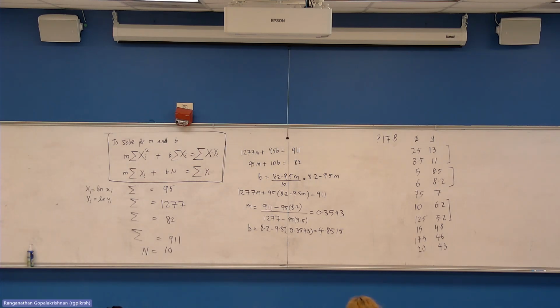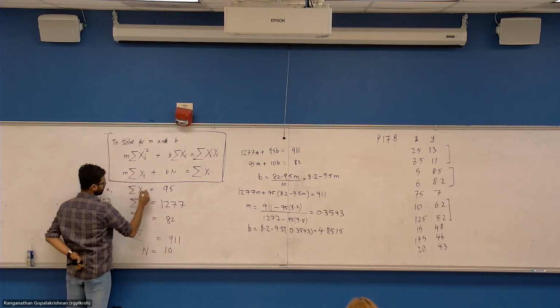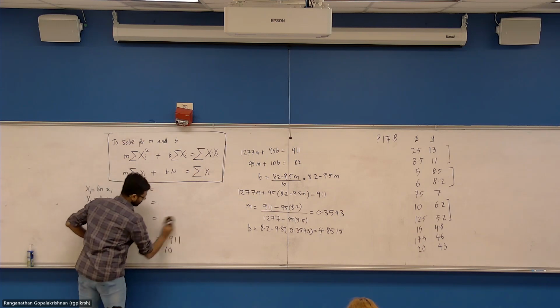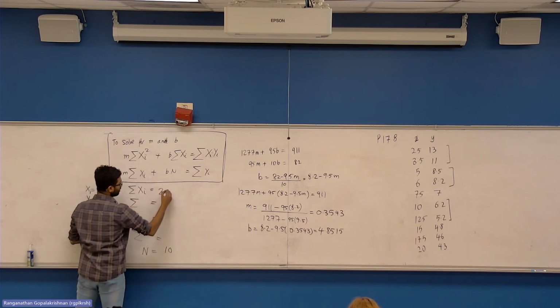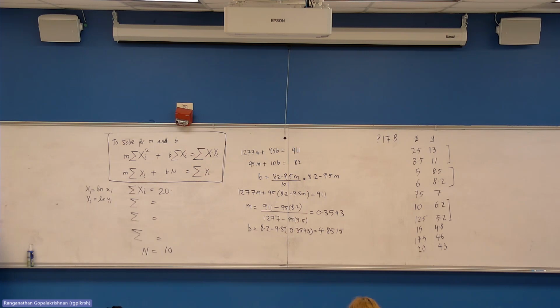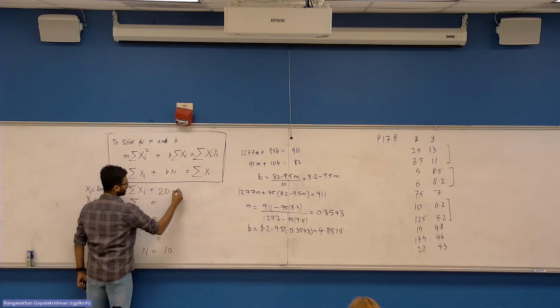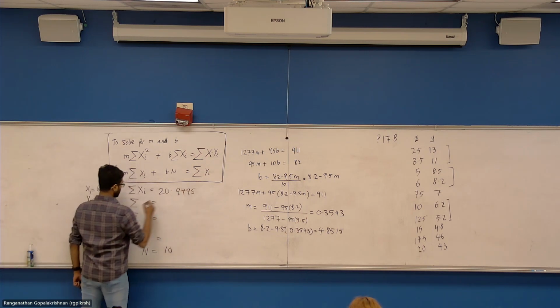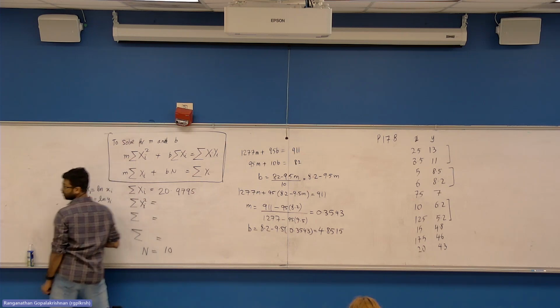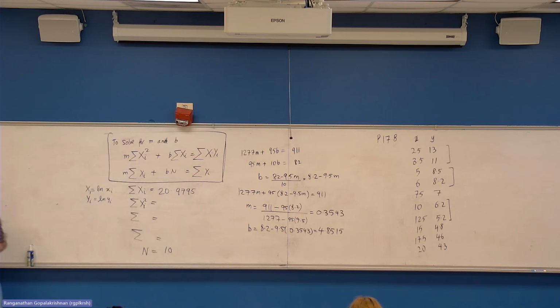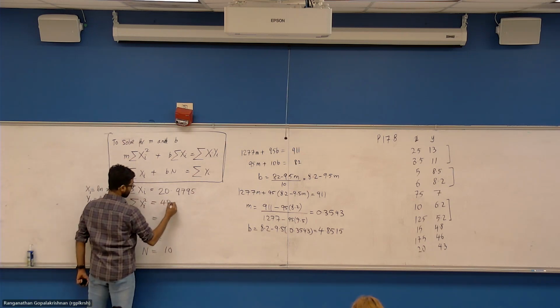So this is sigma X is 20.9795. Can somebody tell me? Sigma xi squared is 48.4509.